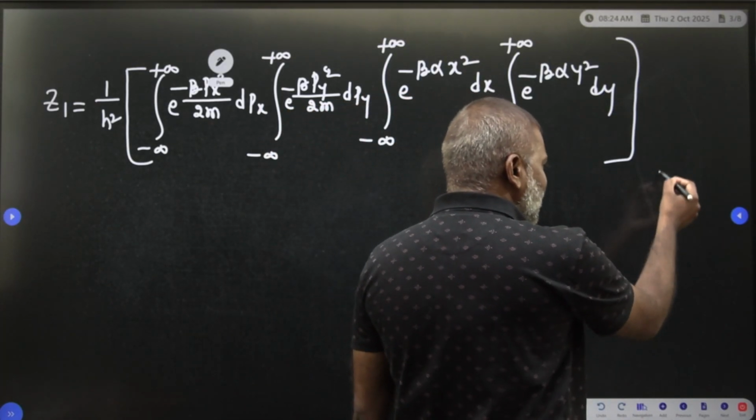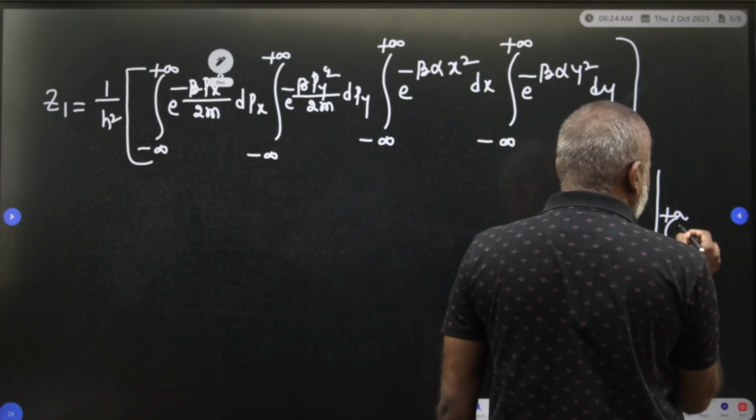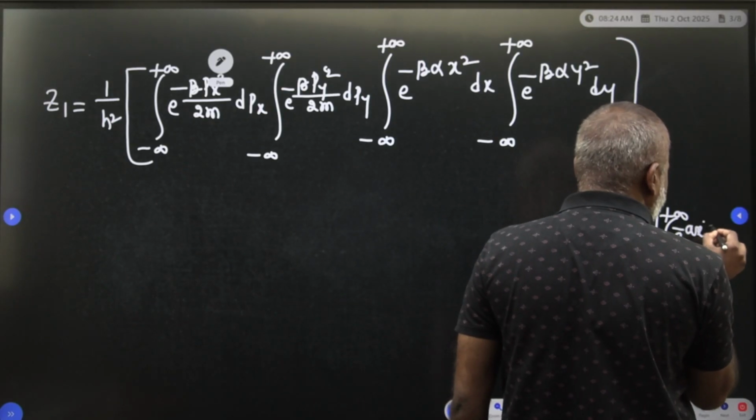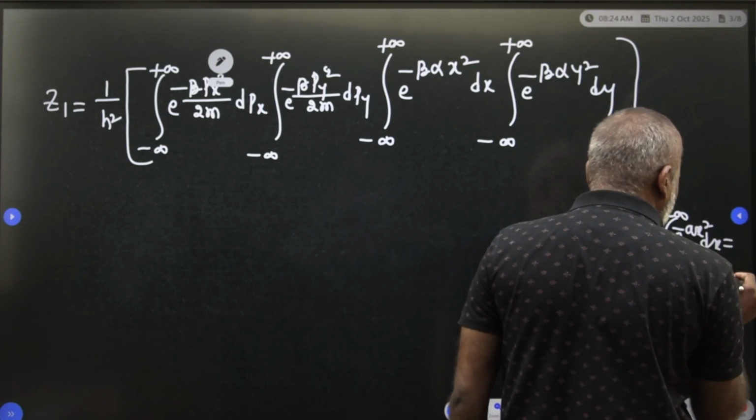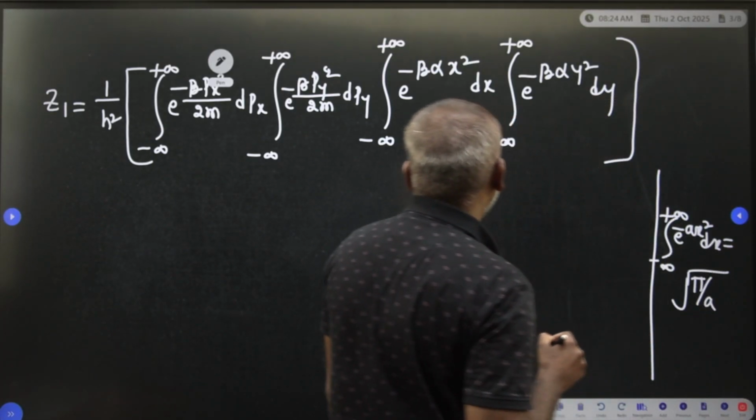You know the standard integration formula: the integral from minus infinity to plus infinity of e to the power of minus a x square d x is equal to root pi by a. This is the formula I have to use.